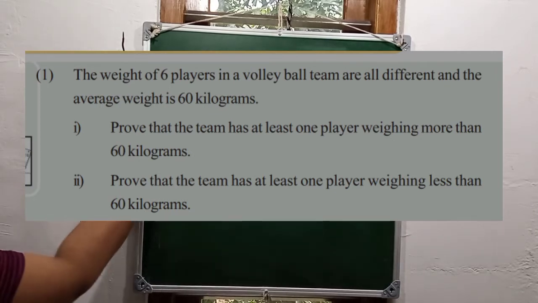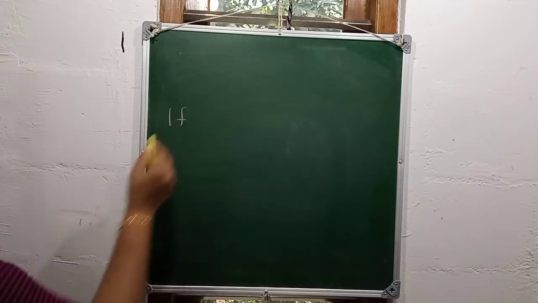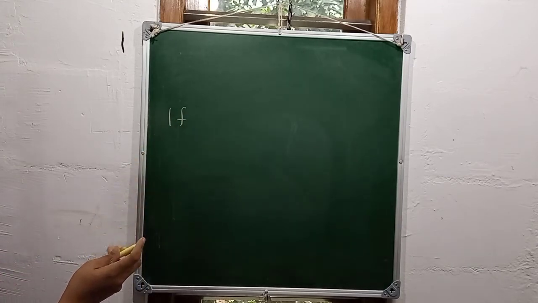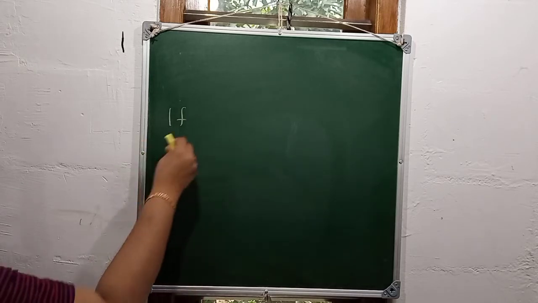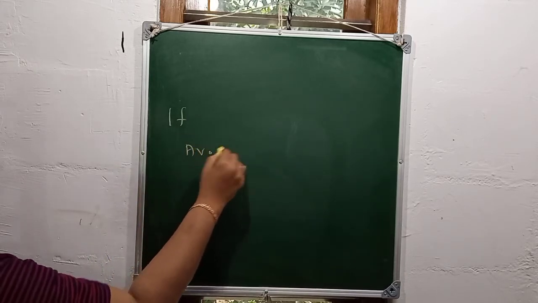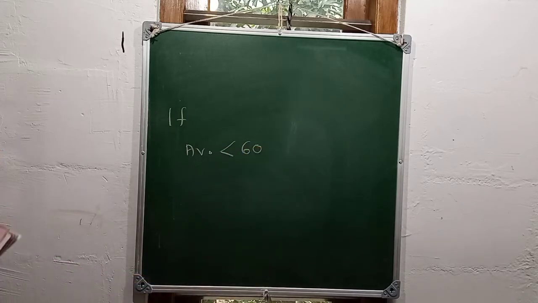If all the players are weighing less than 60 kilograms, then the average is also less than 60. We know the average is in between two fixed numbers.